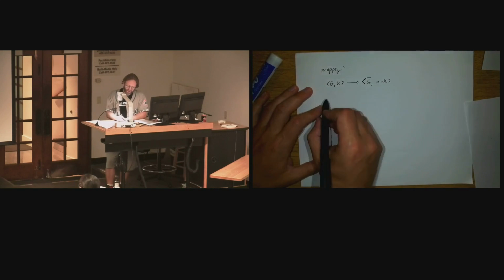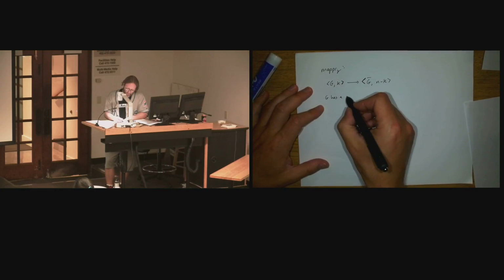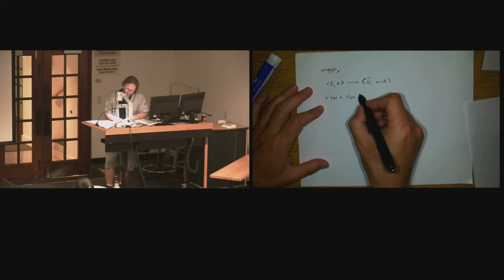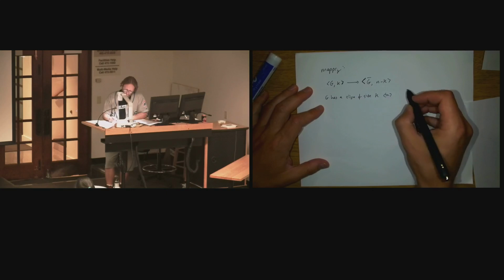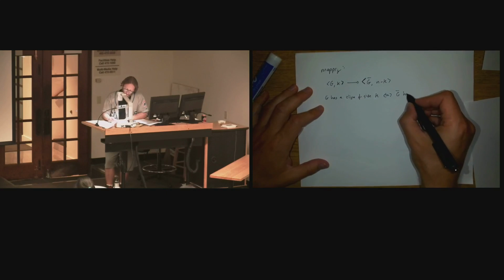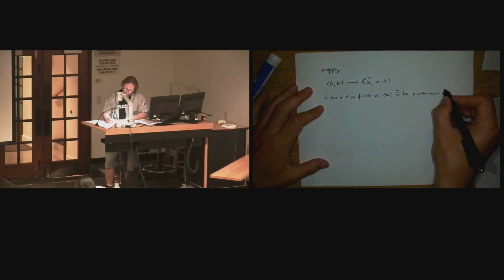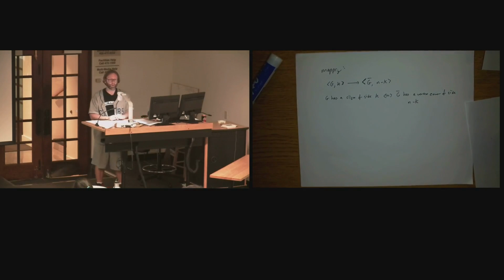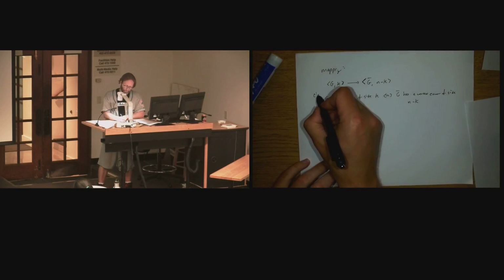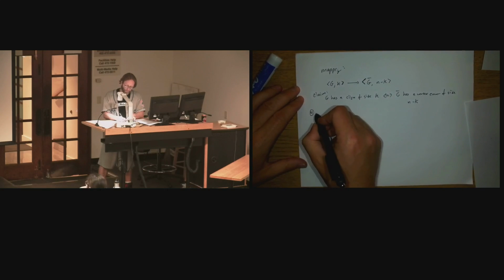Such that G has a clique of size k if and only if G complement has a vertex cover of size n minus k. Okay? That's my claim. Step 4, we need to prove it.